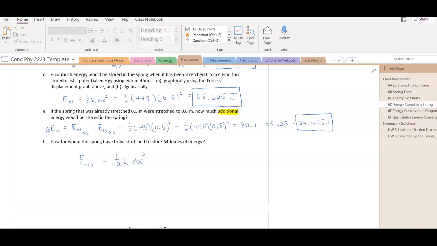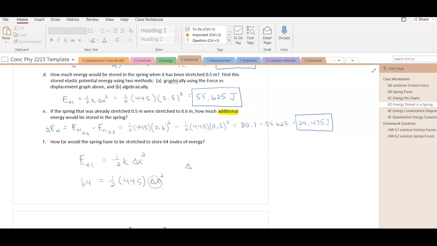Here I know the amount of energy that's stored. I want it to store 64 joules. And I know the spring constant, because we calculated it's 445. So what I'm solving for is the displacement, right? That's the thing I'm solving for.